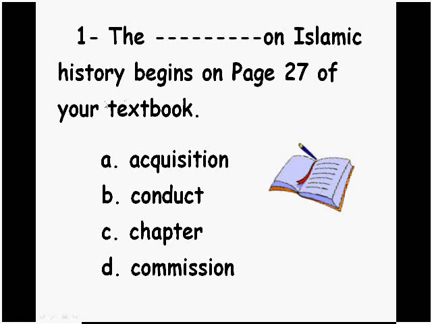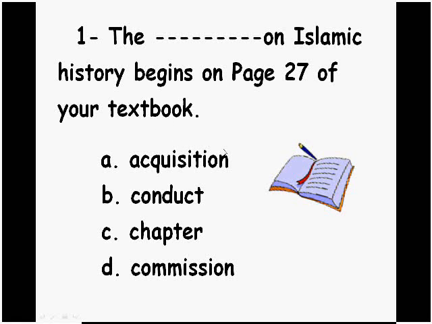I have here textbook, page. This is like a clue. A, acquisition, B, conduct, C, chapter, and D, commission. What do you think is the correct answer? Be careful, it has to do with something related to pages and books.